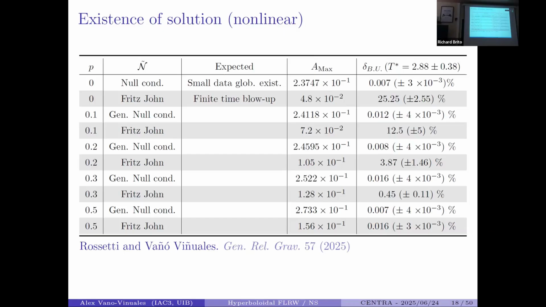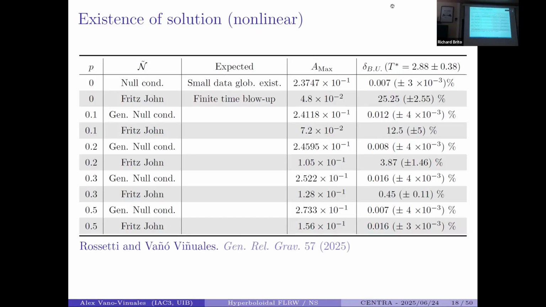The interesting thing is, as you go to larger values of p, the delta stays very similar for the generalized null condition, but it becomes smaller for the Fritz John case, which we interpret as potentially a changing behavior, maybe something closer to the small data global existence behavior for the Fritz John equation for an expanding space.